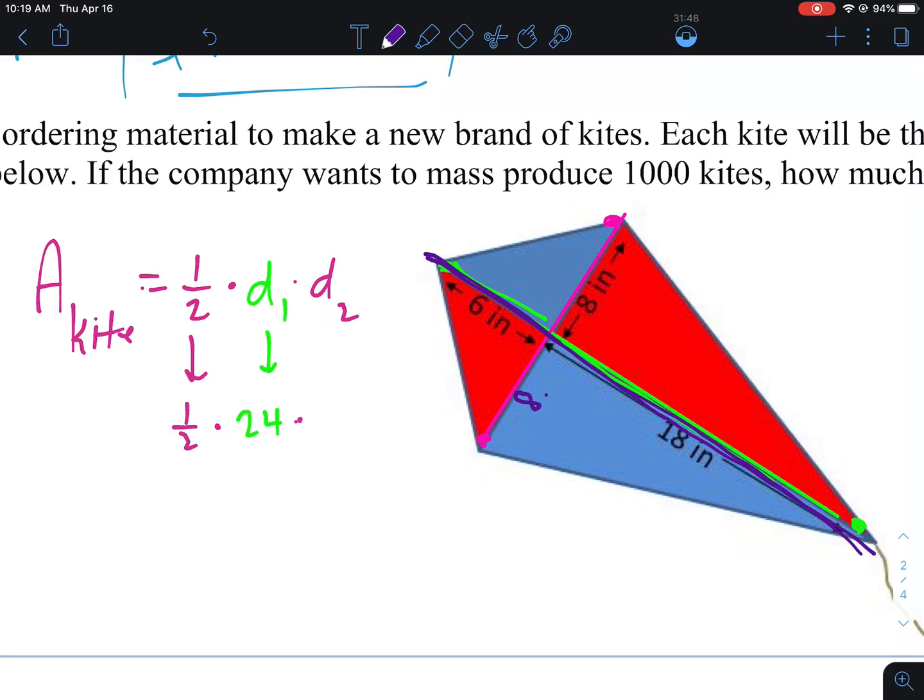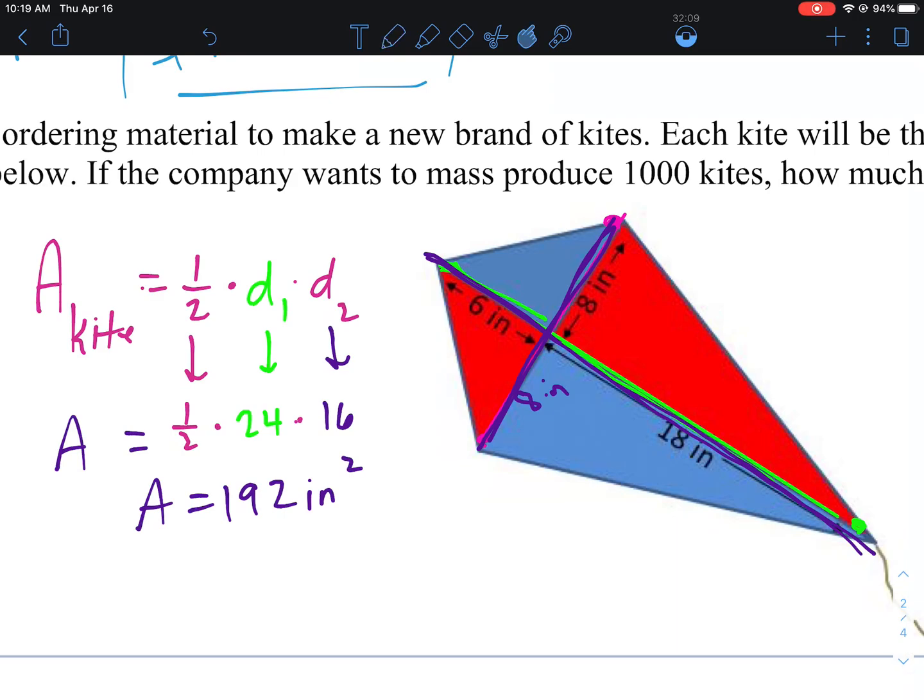So this would also be 8. And 8 plus 8 is going to give you a total length here of 16. So if I multiplied these all through, 1/2 times 24 times 16, the area of this kite is going to be 192 square inches.